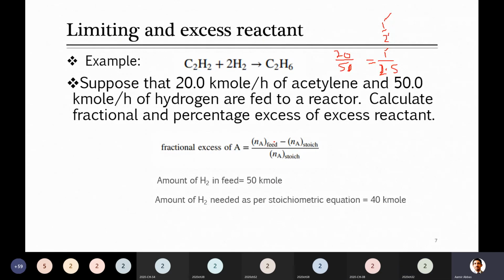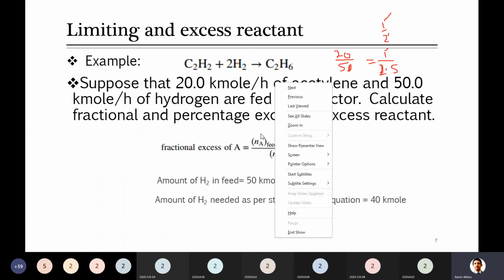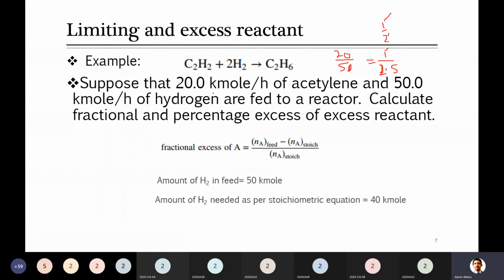Yes, but now you have to answer the question which one student asked: the limiting reactant is completely consumed. So 20 moles of acetylene are completely consumed. For this, how many moles of hydrogen will be needed?